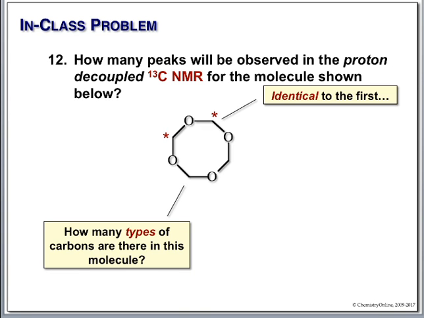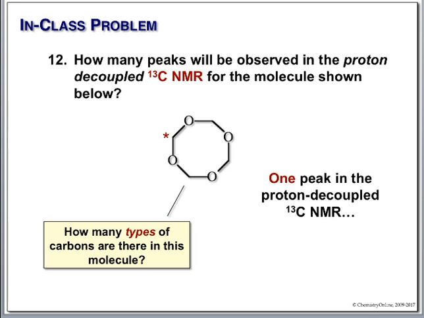Therefore, as far as the C13 NMR goes, we have 1 type of carbon. If we looked at the proton NMR, this would show up as a singlet because it's not adjacent to any carbons bearing hydrogens. Everyone got that? 1 peak. And we'd also have 1 peak in the proton NMR.